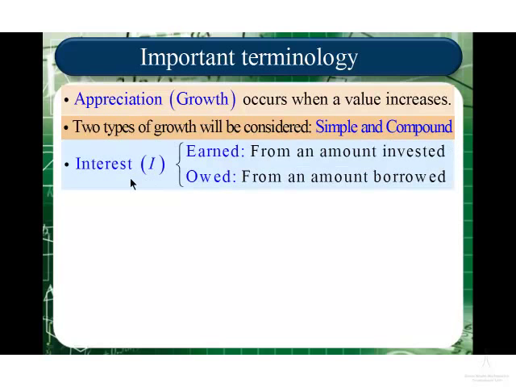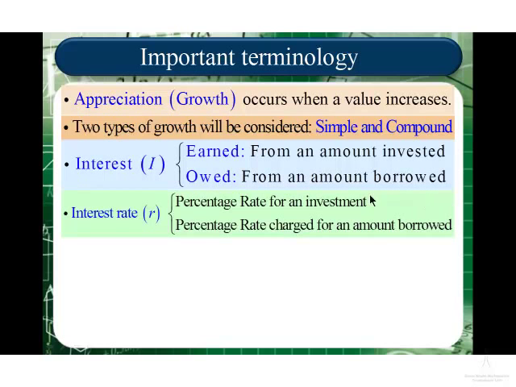And together with that, a central concept is interest, normally denoted by I. Now, interest may be earned, and that is normally from an amount of money that is invested. So interest implies that we may add value to the initial investment amount, but interest may also be owed from an amount that was borrowed, for example.